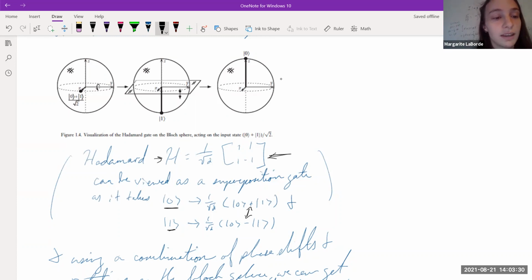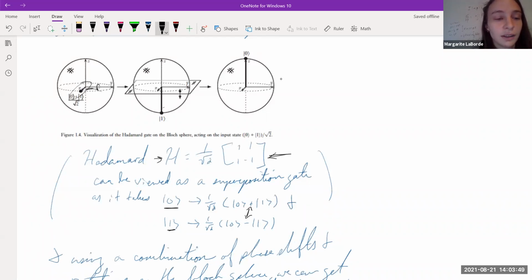The way you can look at this is first a rotation about the y-axis, and then another rotation about this plane, and it'll take you from your plus state to your 0 state.